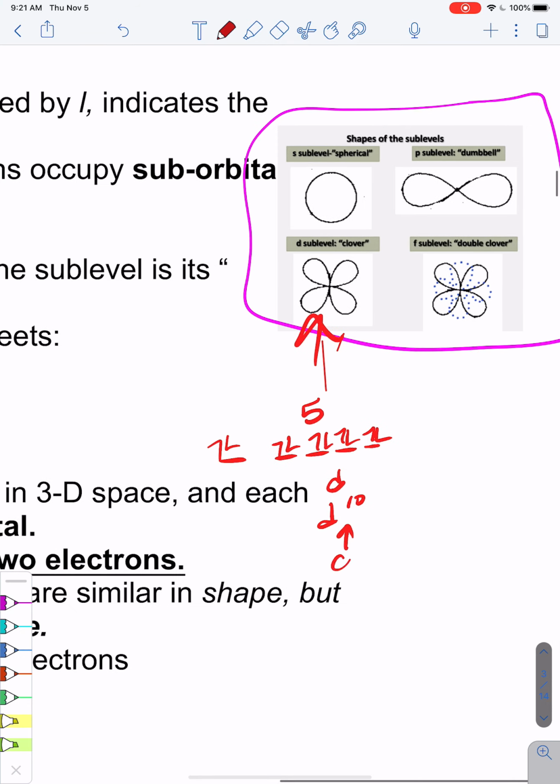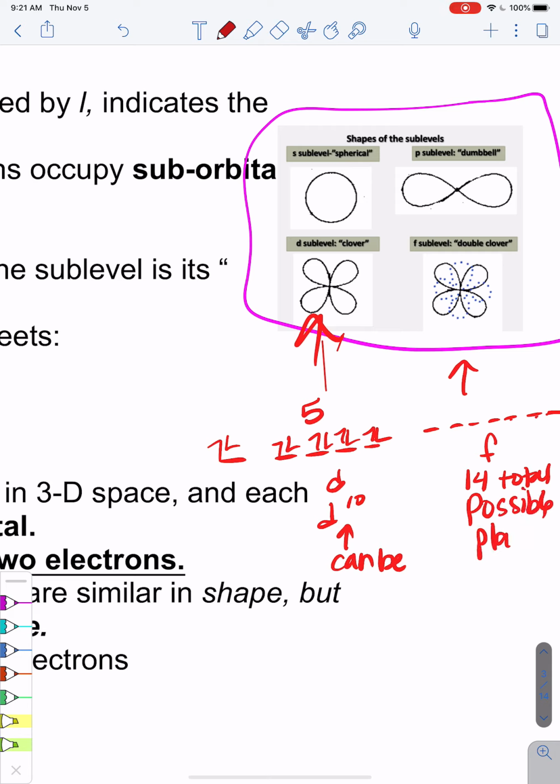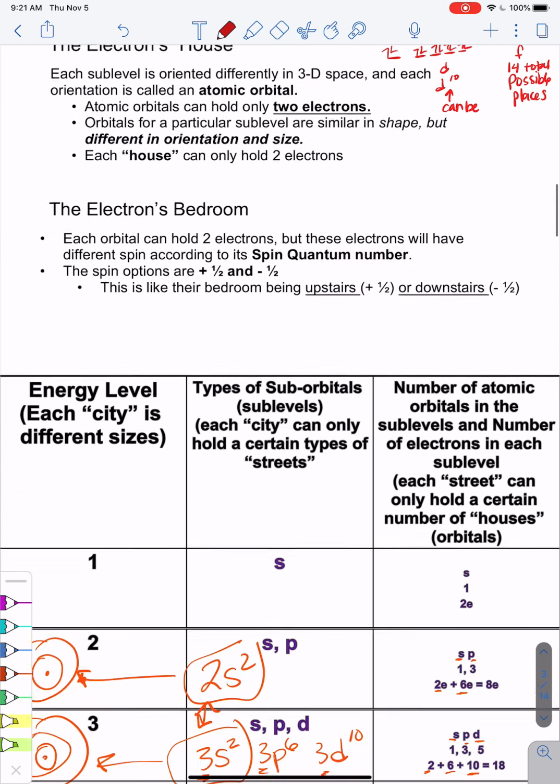In the F orbital, there's 7 different drawings, 1, 2, 3, 4, 5, 6, 7. This is F, for the F orbital, and so each one can hold 2, so there's 14 total possible places. Okay, so let's go back to what we were doing though.